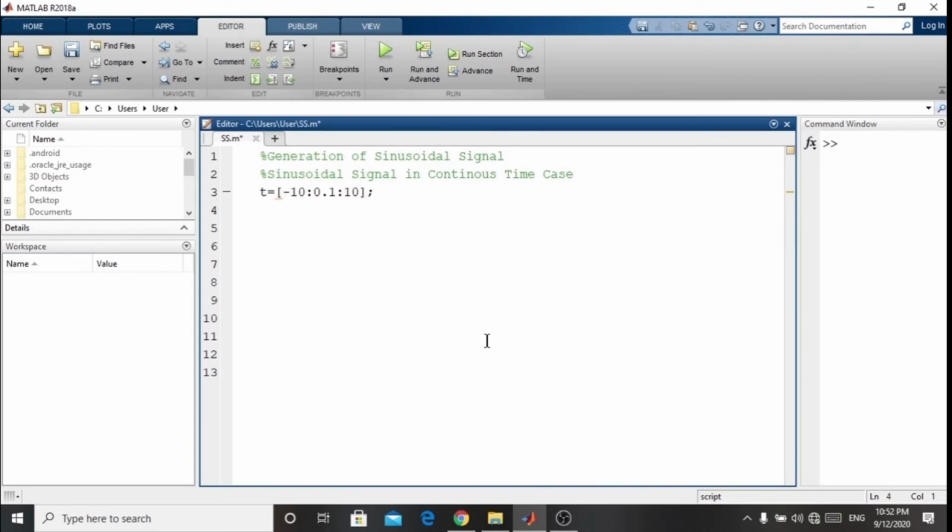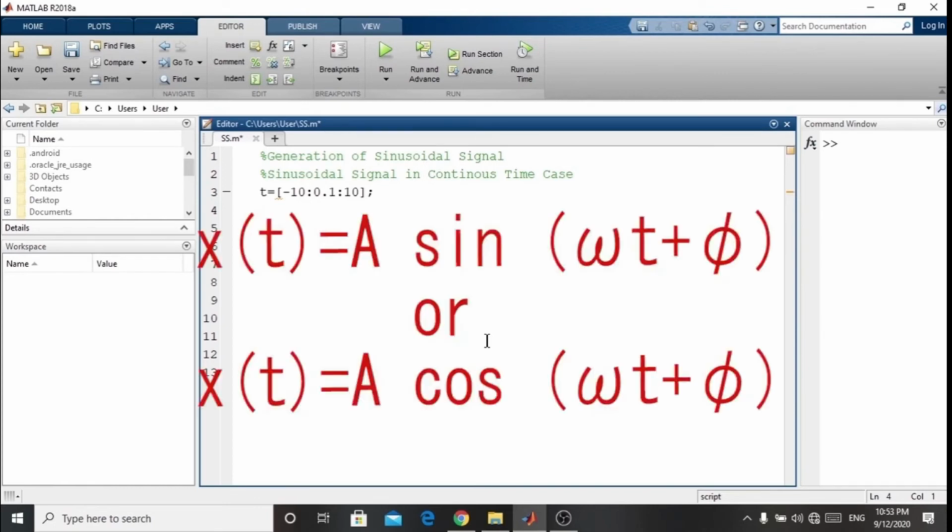The representation of a sinusoidal signal in continuous time domain is x of t is equal to a sine omega t plus phi, or a cos omega t plus phi, where a is the amplitude, omega is the angular frequency in radians per second, and phi is the phase angle in radians.